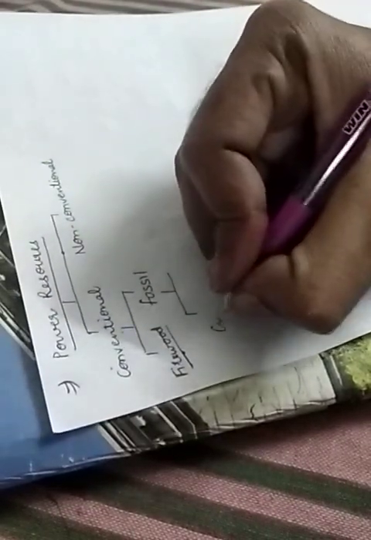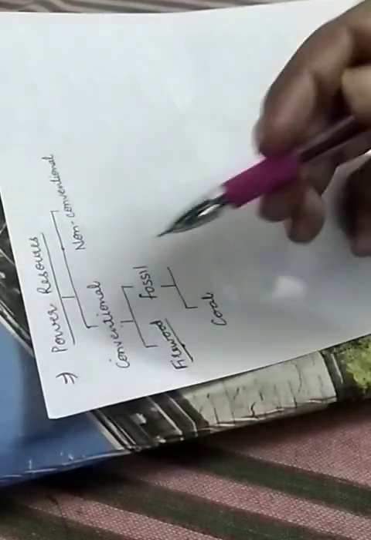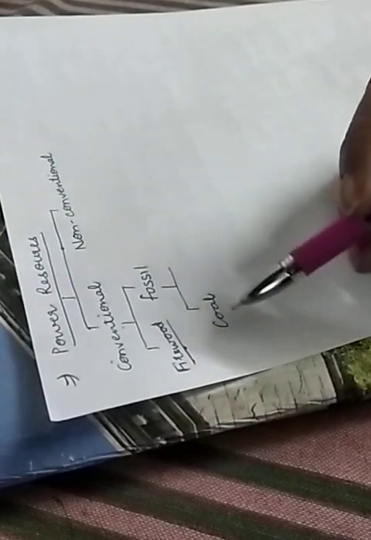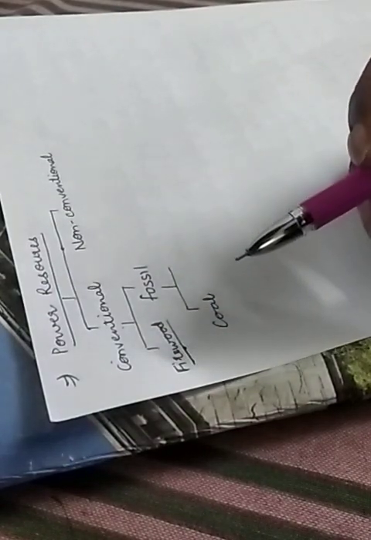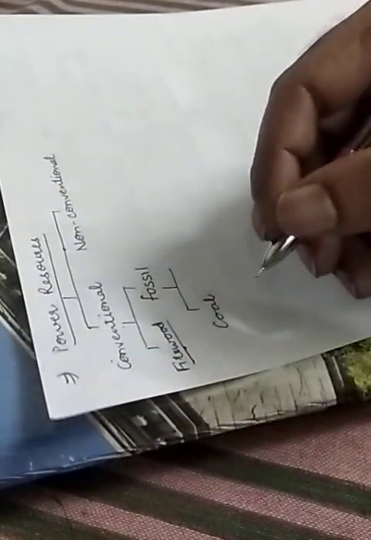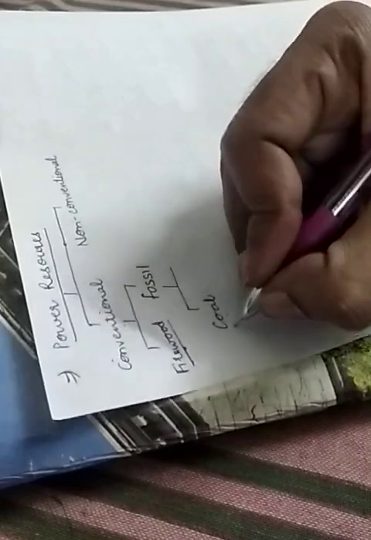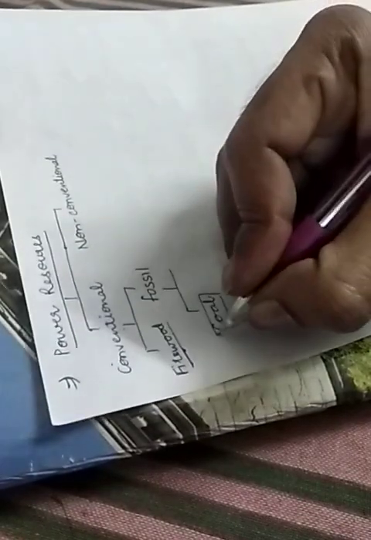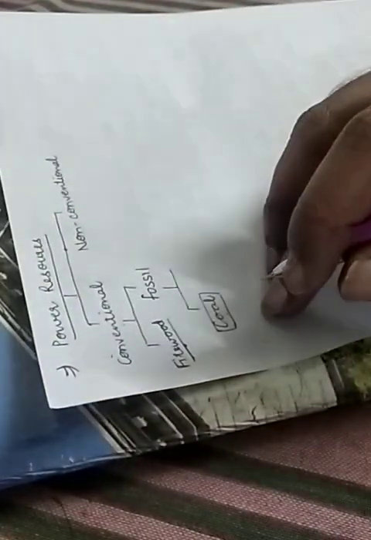In fossils, we have coal. Coal is used as an abundant fuel in the iron and steel industry and in many thermal power plants. It is made through a very long process of sedimentation.